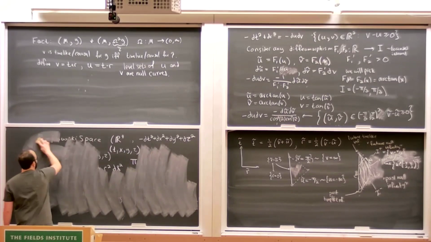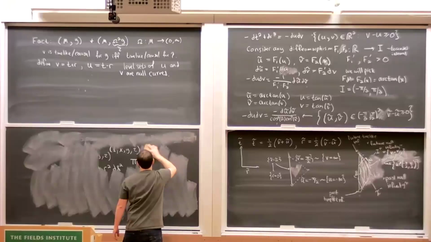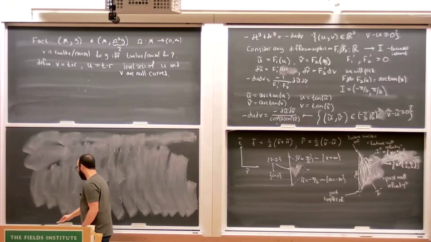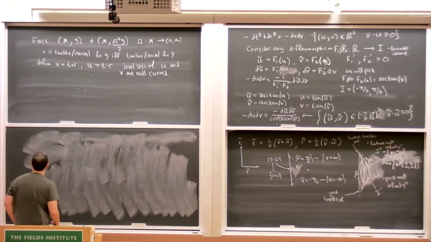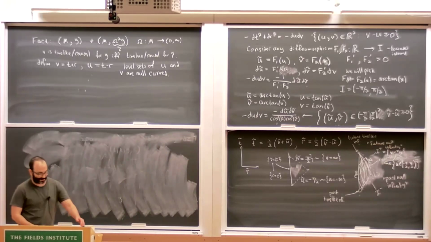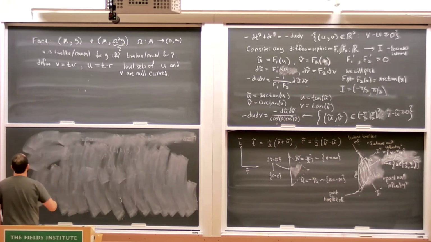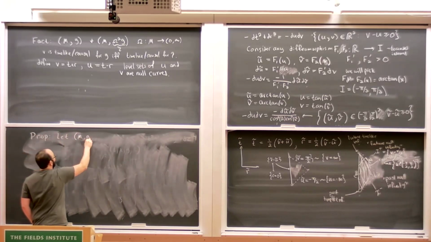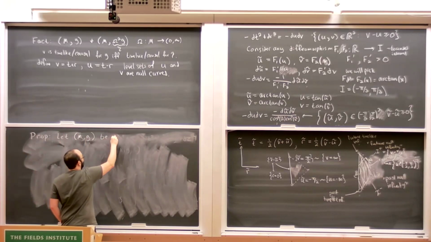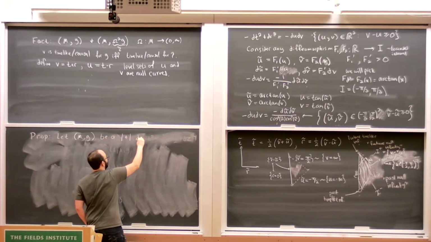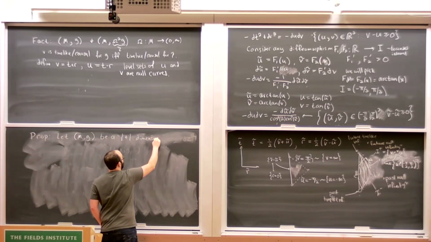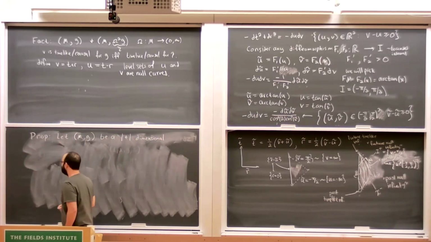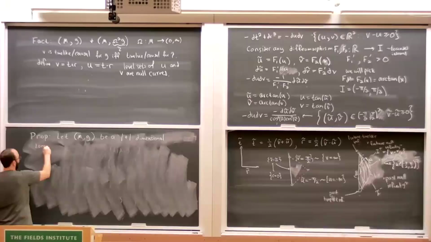All right, the first natural place to start is with a 1+1 dimensional spacetime. So here's our proposition. Let (M, g) be a 1+1 dimensional Lorentzian manifold.